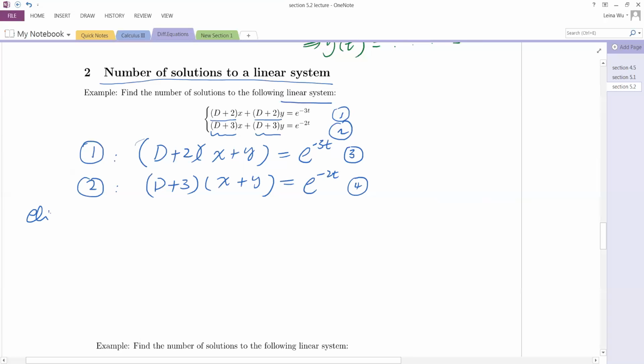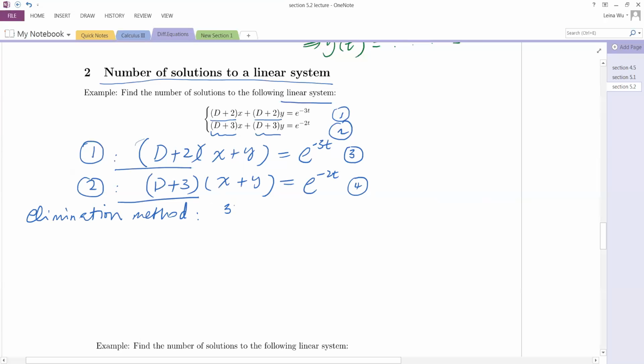Can we try to use our elimination method? The basic principle is to make sure they have the same coefficient, right? But now they don't have the same coefficient.